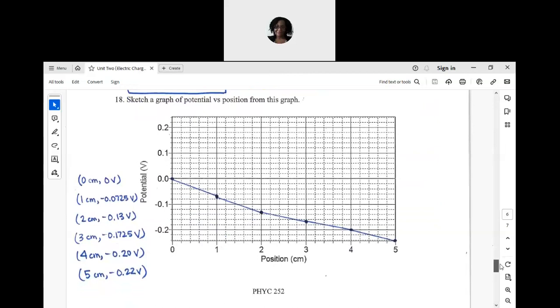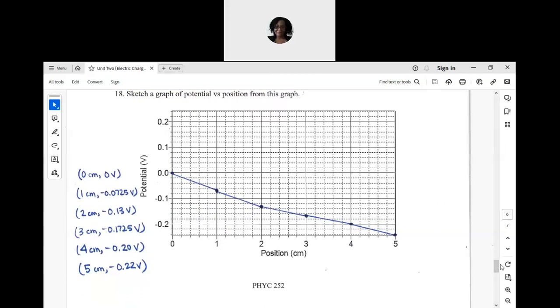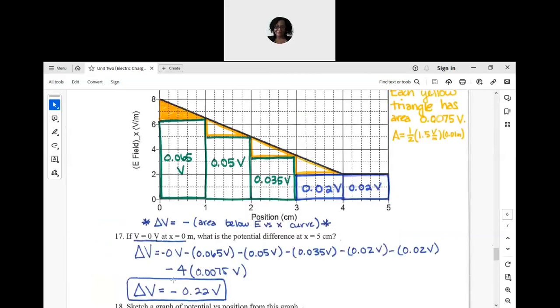So next, since we did that in 1 centimeter increments, we can make a graph of potential versus position, where all of the ordered pairs are shown here on the left, and it's just a matter of plotting them. So all of these potentials are negative values, for exactly the same reason that we needed to use a negative sign right here and also right here.